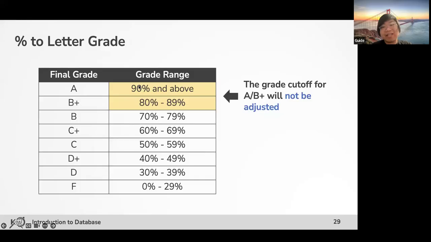In programming, I did some grade cutoff shifting, but for this course, there will be no grade cutoff adjustment for A and B plus. For B and below, I will try to do the curving. So even though you don't need to be worried about the grade, you need to show us effort and dedication.